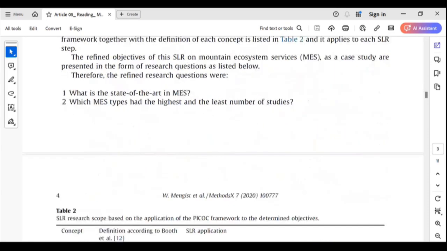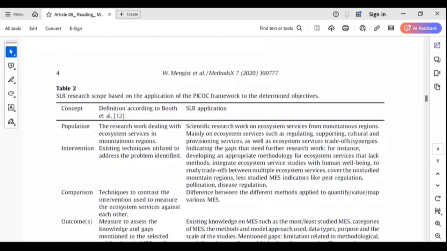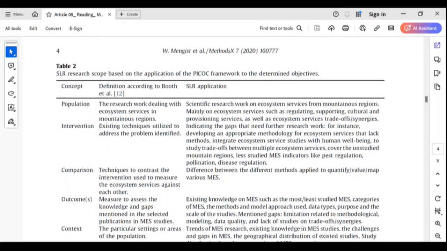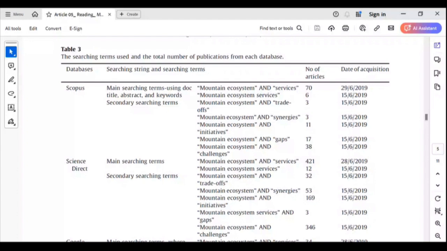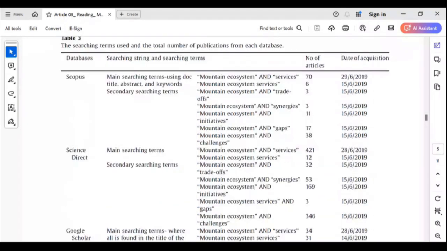You see in more detail also the concept, how they do population, the SLR location, all this, right? Scope, okay, scope database. There are 5 databases: Scopus, Science Direct, and then Google Scholar. So how they search the keyword, they put mountain ecosystem and services. So you see they use AND, OR, right? So the number of articles when they search, right?